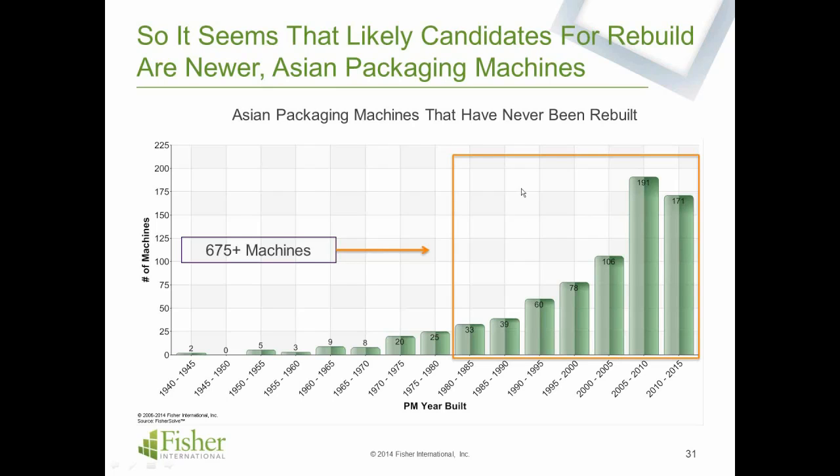And so if we just look at those, we see that there are over 675 machines that meet those criteria. Now again, this category of those that are 5 years or less in age, probably not likely today, but as we move forward in time, of course, this box will shift this way, and we'll have an even larger number that fit into that category.